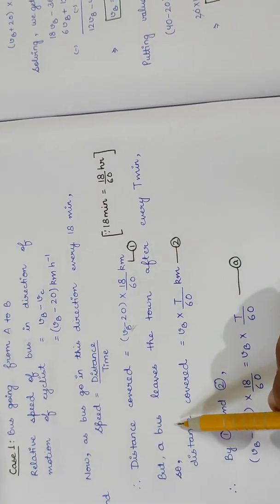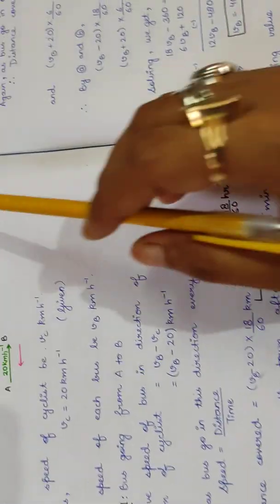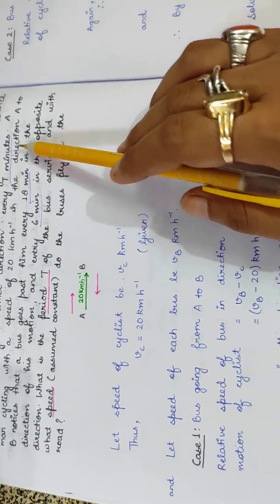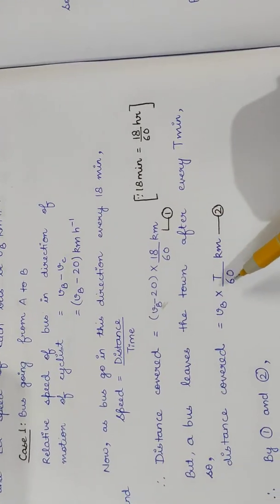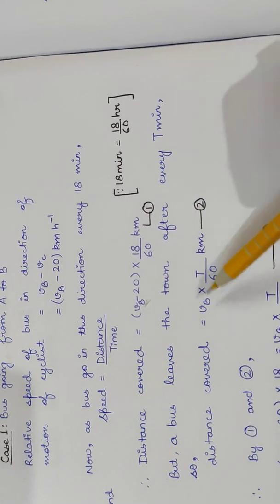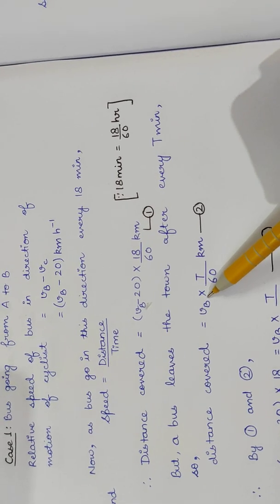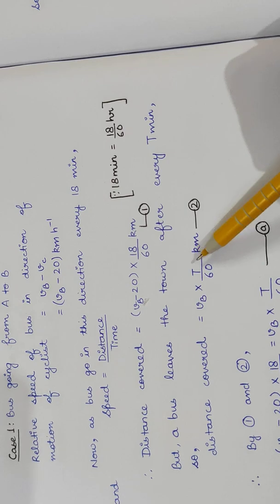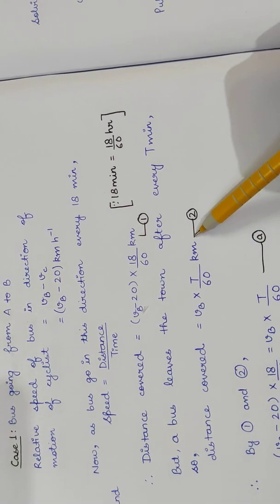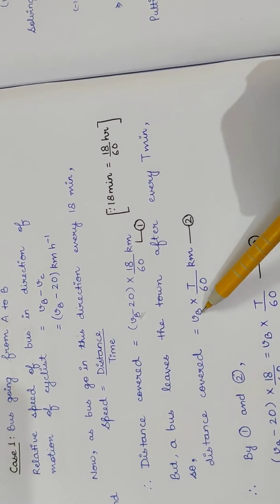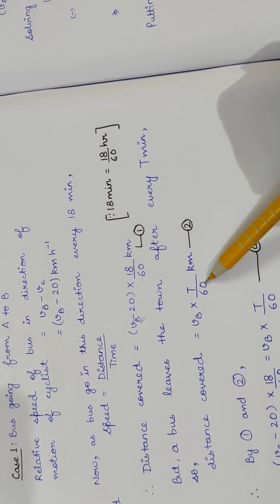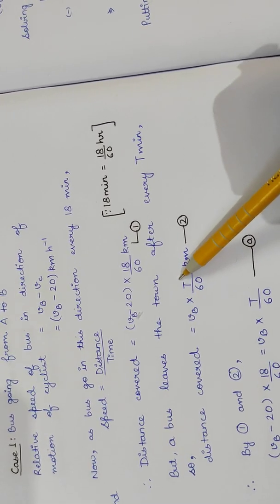Now we know that a bus leaves the town every t minutes. It is given in the question. So by this we'll get a different relationship: the distance is speed of bus Vb into time t upon 60 km. We are converting it into hours.